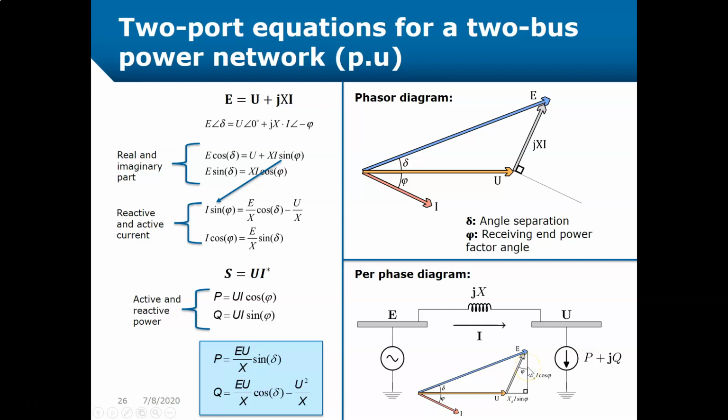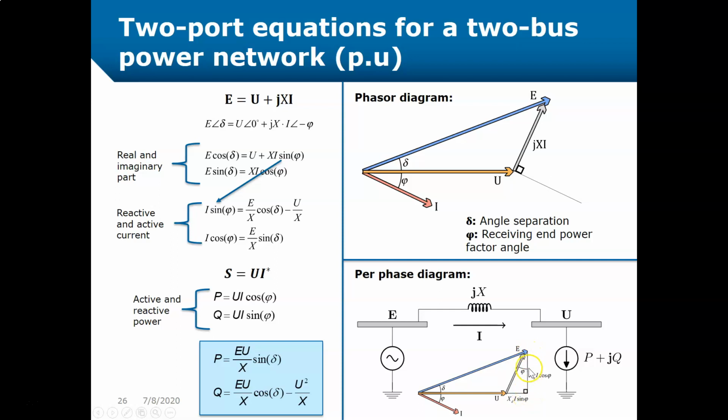We can then divide into the real and imaginary parts. If you look at the real part, then we have E cos delta. That means the vector coming from here and all the way here, which is U plus XI sin phi.